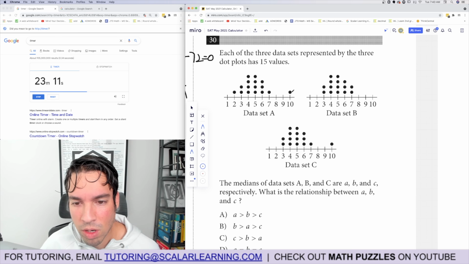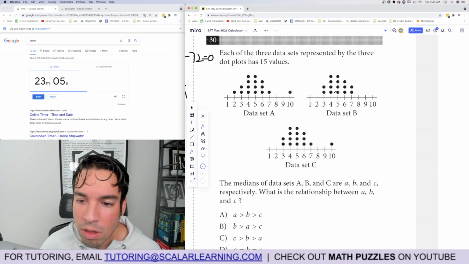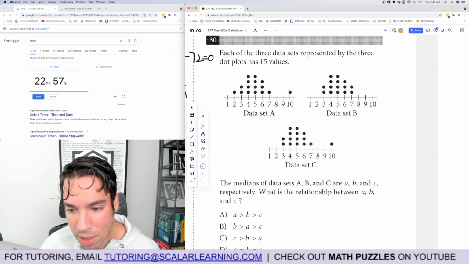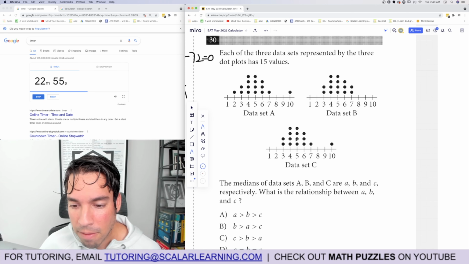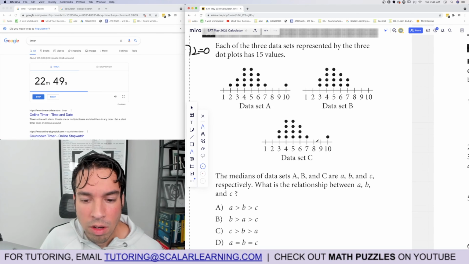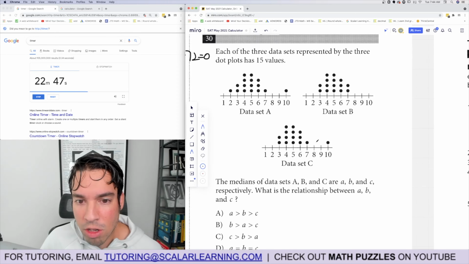Am I crazy here? 8, 12, 13, 14, 15, that's 16 values. I don't even know why I counted that, but this is 15. I'm losing my mind. This is 16 values. 10, 14. That's so weird. Okay, I believe the College Board made a mistake there.